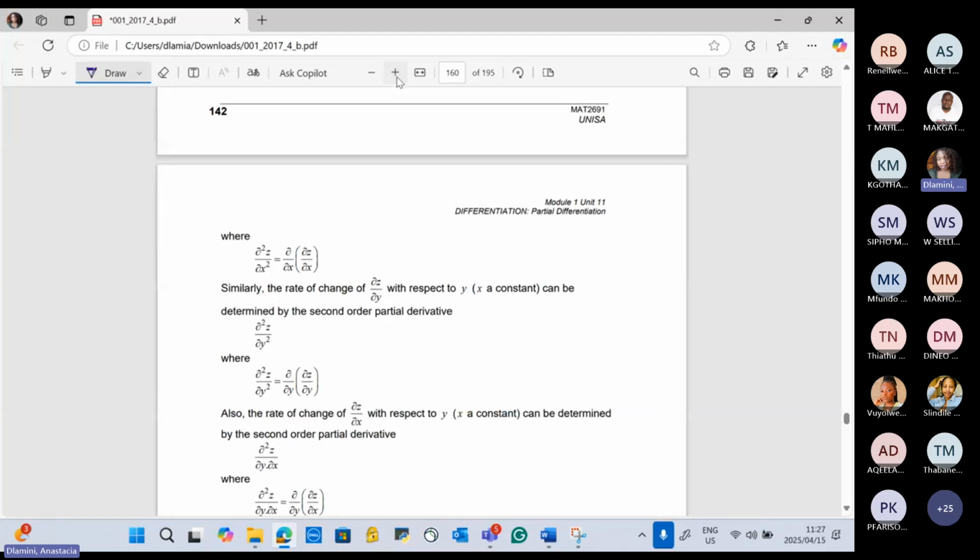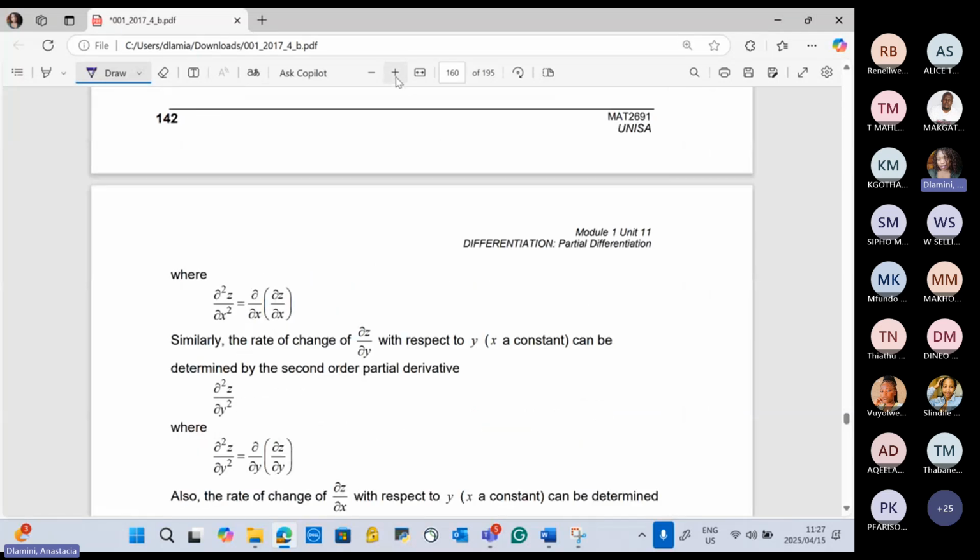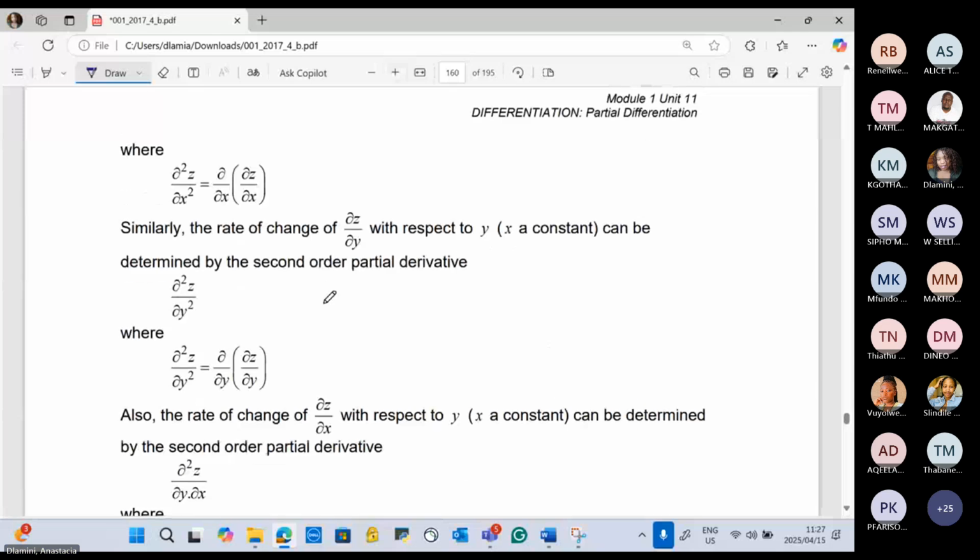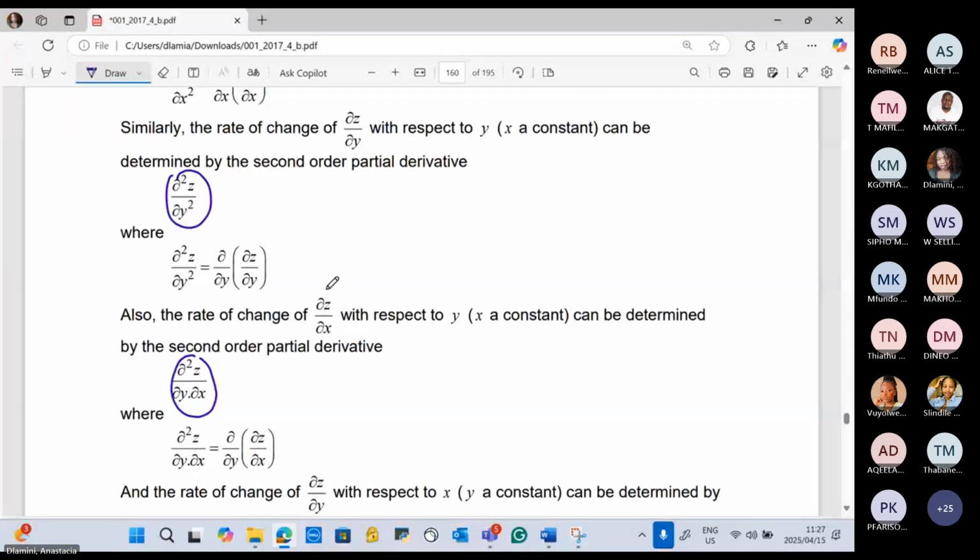Look at this. Do you see the difference between this and this? Look at those two second order partial derivatives. Do you see the difference? Now, in mathematics, normally we read from left to right.